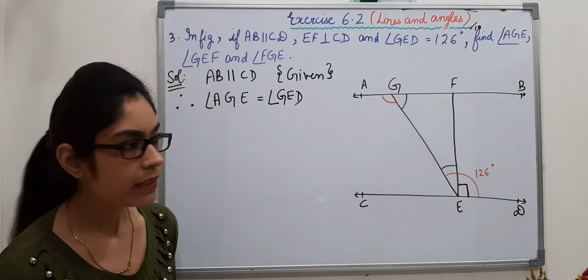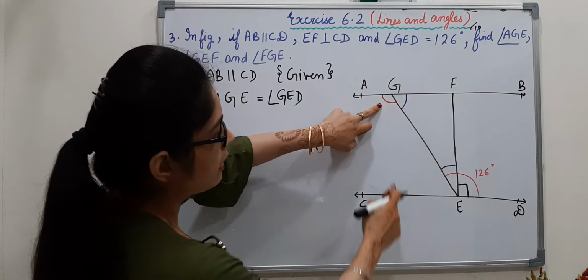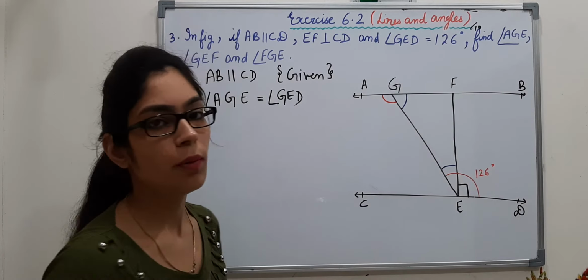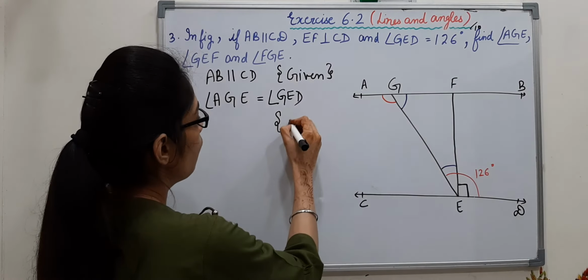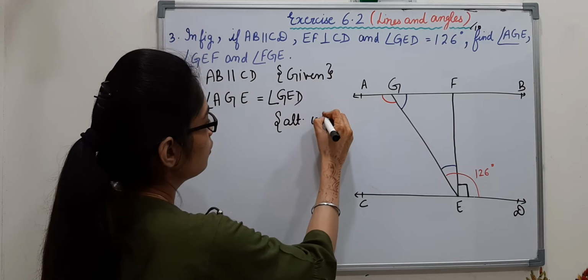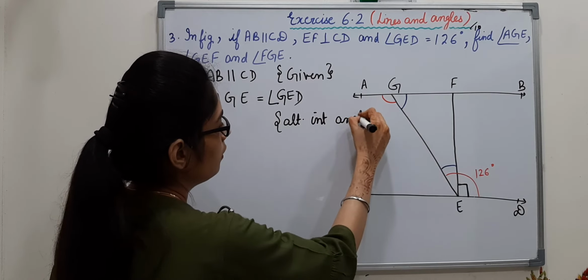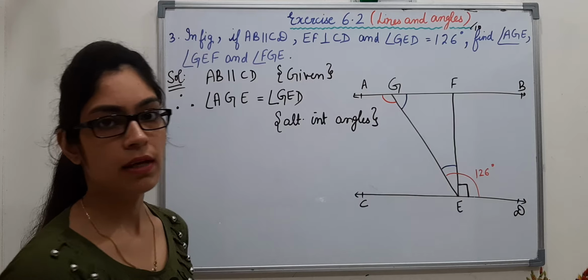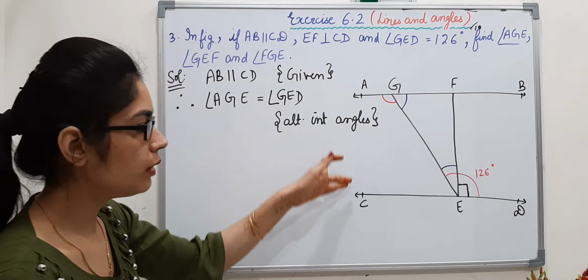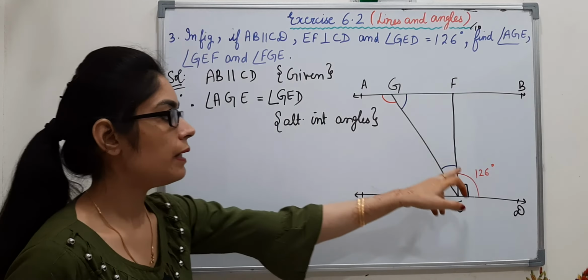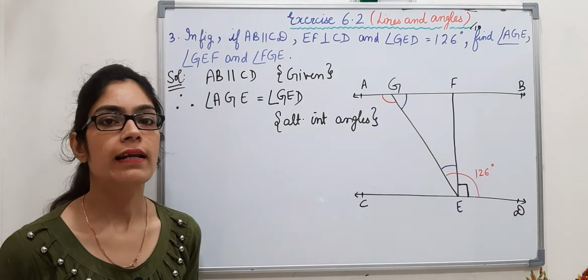Why are these angles equal? Because if you see these two angles, they are forming a pair of alternate interior angles. And we have already done the theorem that if these two lines are parallel to each other, then a pair of alternate interior angles are equal to each other.